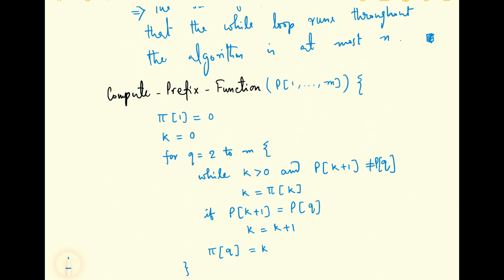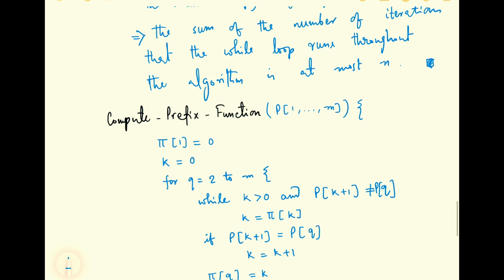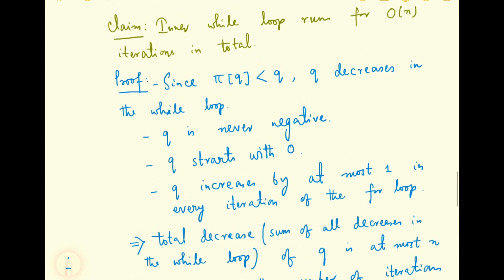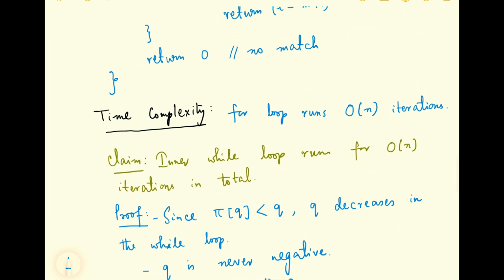I would request you to not look at the compute prefix function first, because the idea is basically matching the string with itself. When you are reading this Knuth Morris Pratt algorithm for the first time, this is a very beautiful algorithm.